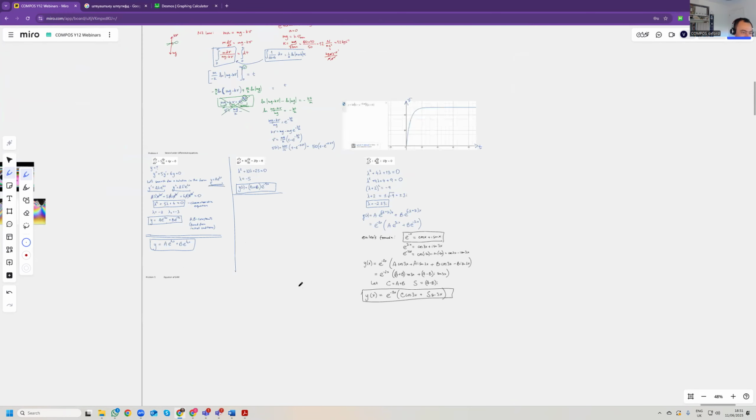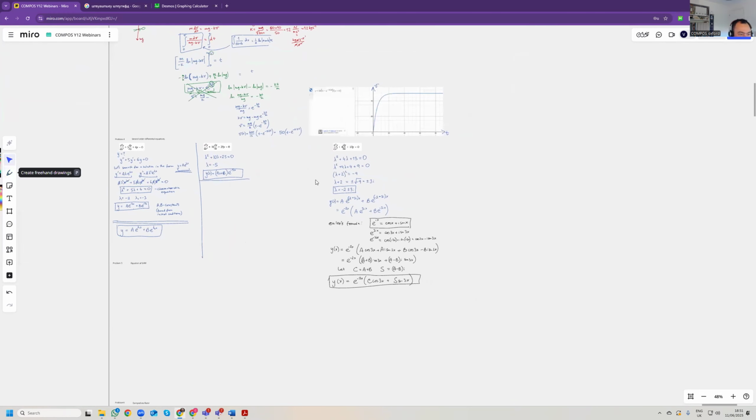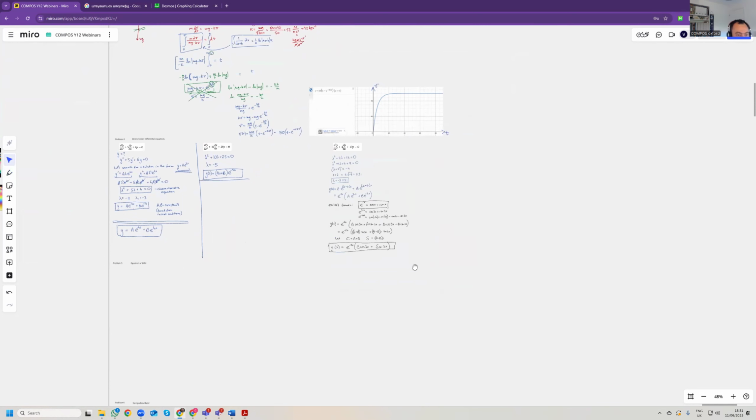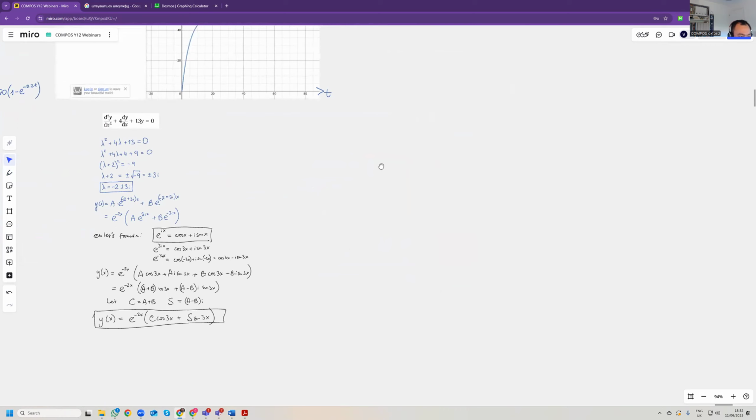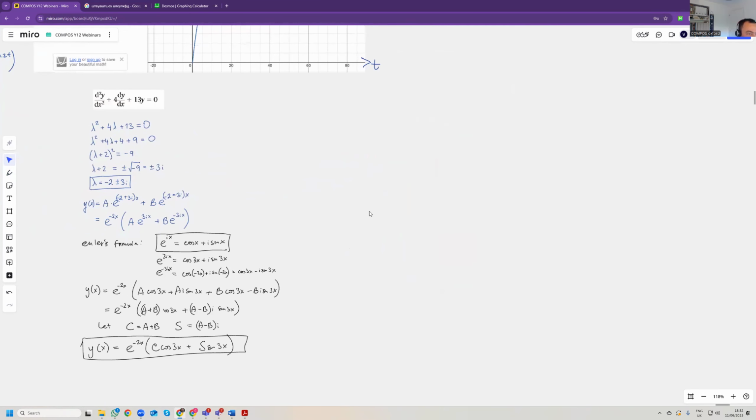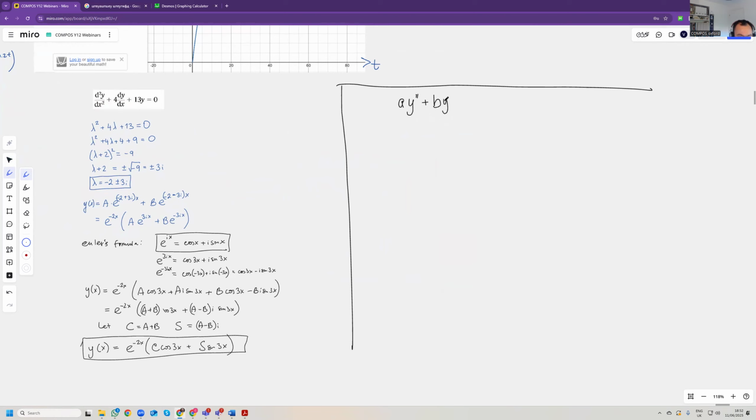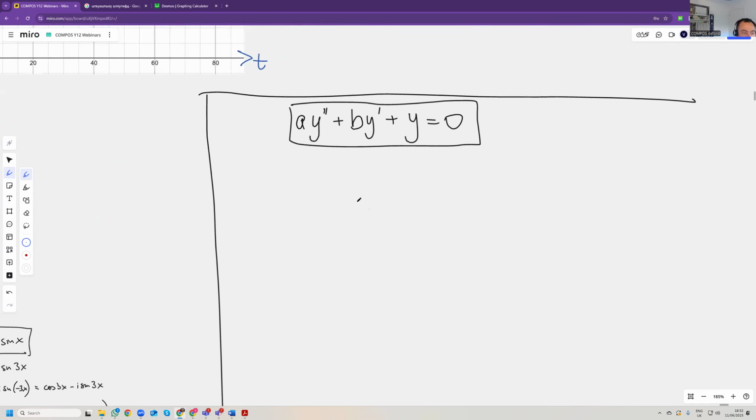So that brings us to the rules for second order differential equations. If you have a y double dash plus b y dash plus c y equals 0, this is called a homogeneous second order differential equation.